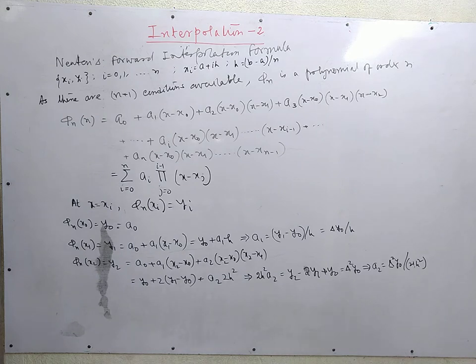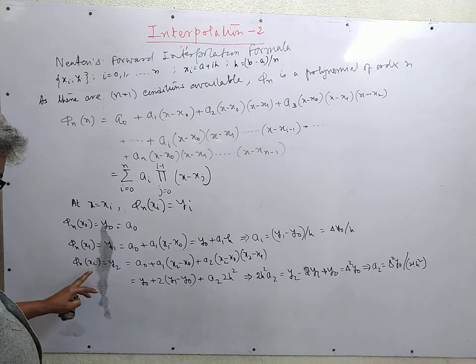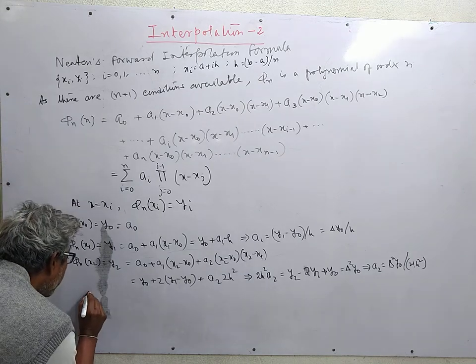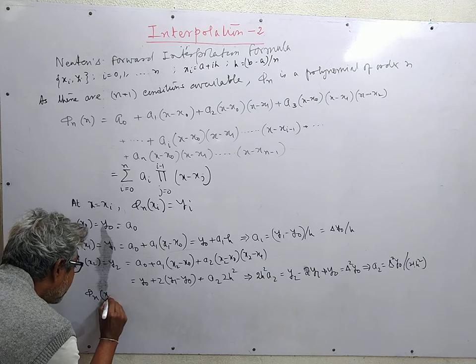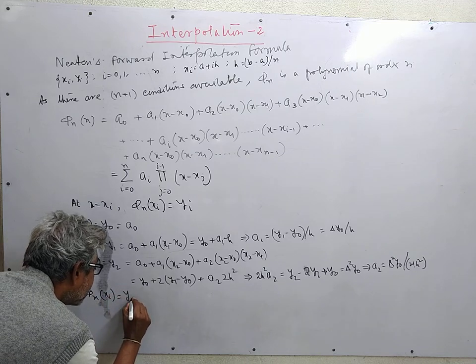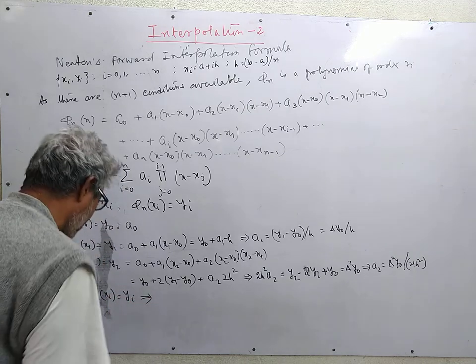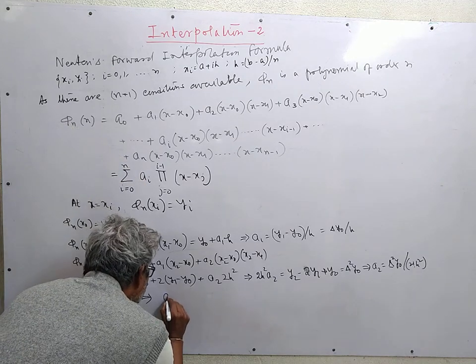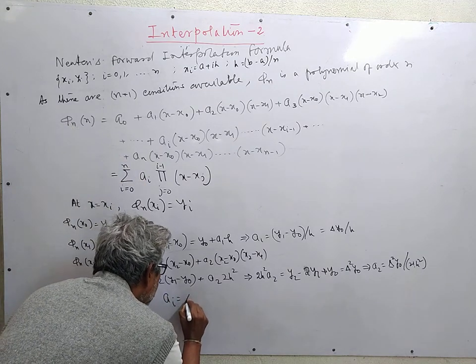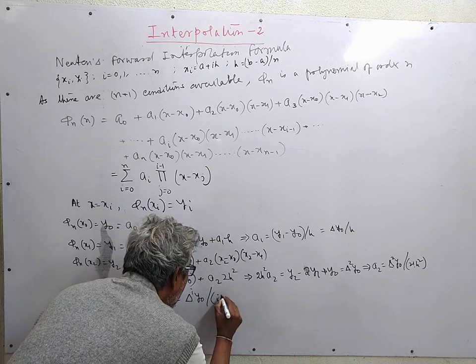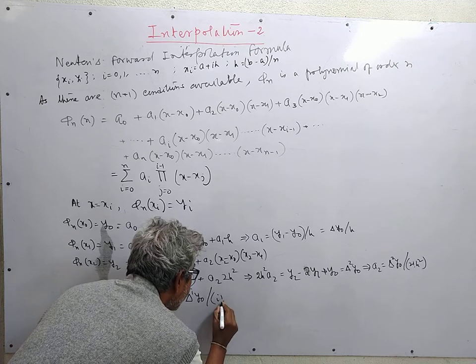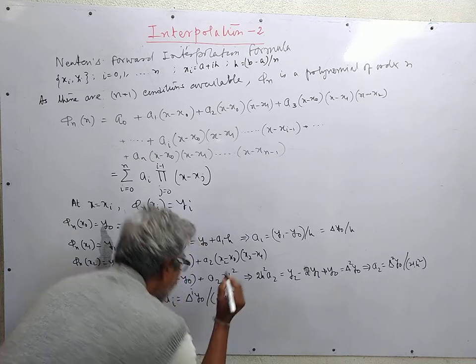Now I think the use of the difference table becomes obvious. If we go on putting the higher values of this, we get the corresponding coefficients. So on explicit evaluation, ai is equal to delta i y0 divided by factorial i h to the power i.